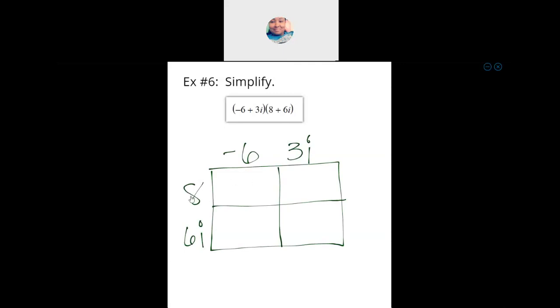So the first box, 8 times -6 is -48. Then we have 8 times 3i, which is 24i. Then we have 6i times -6, which is -36i. And then lastly, 6i times 3i is 18i squared.